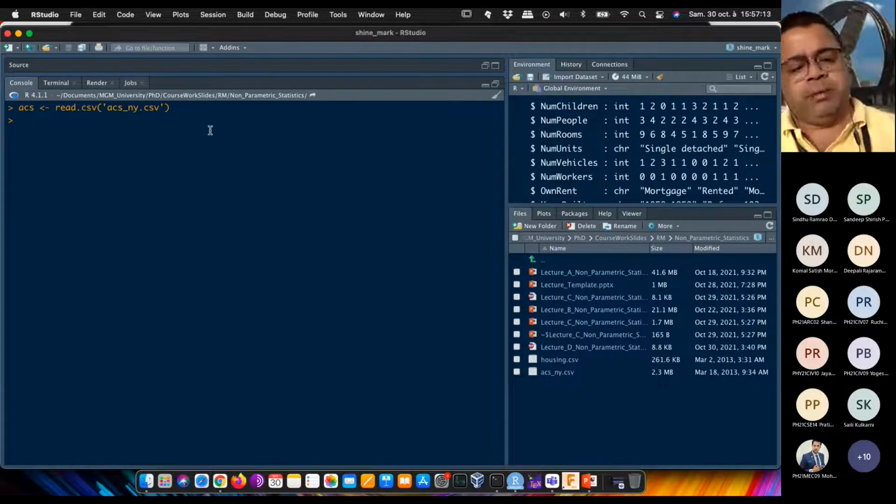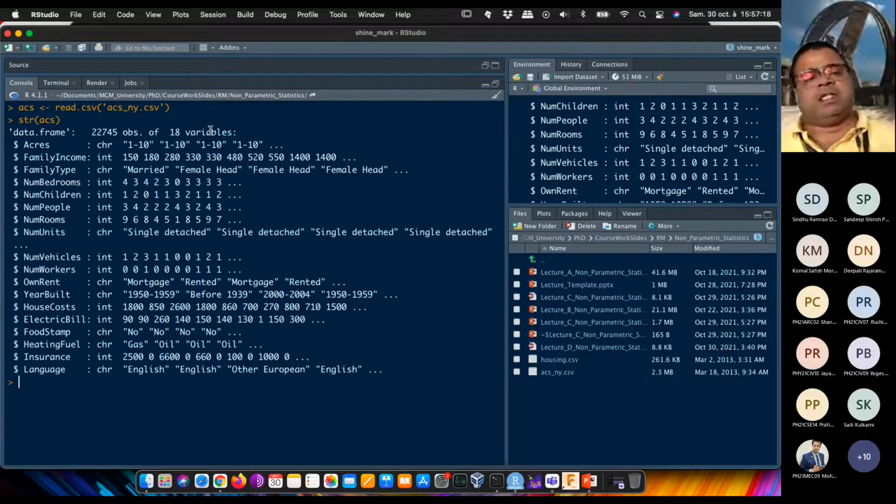So if you just type str of acs, what it gives me is the structure of the data set. As I have already mentioned earlier, look, there is a family type. The family type says it is married, female head, female head, female head.